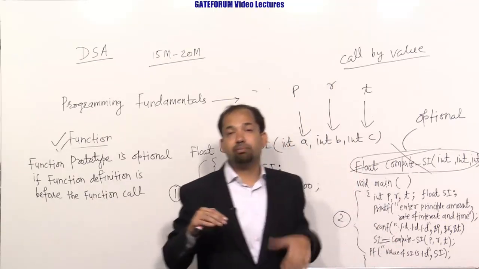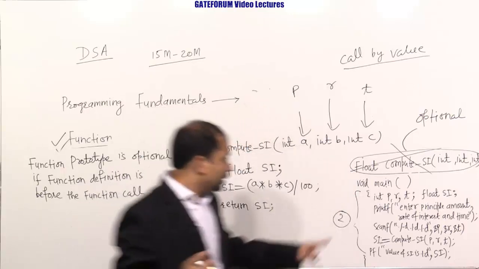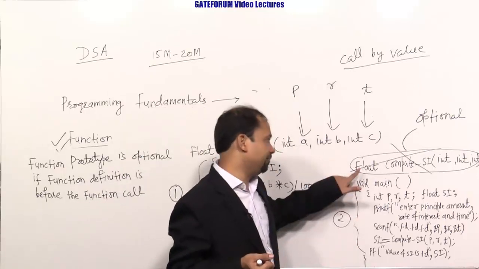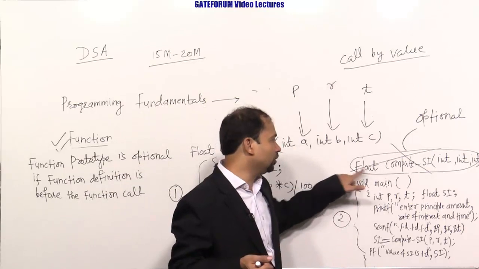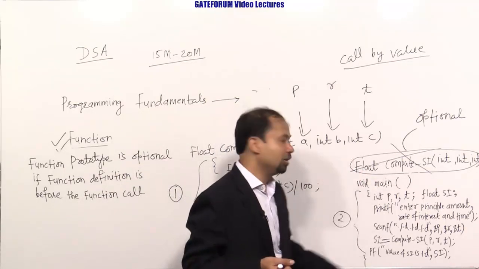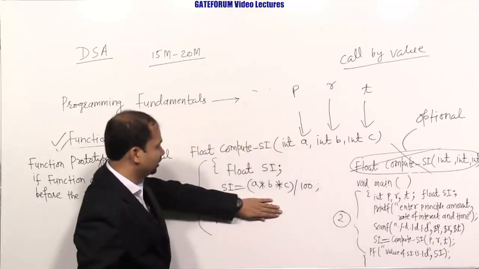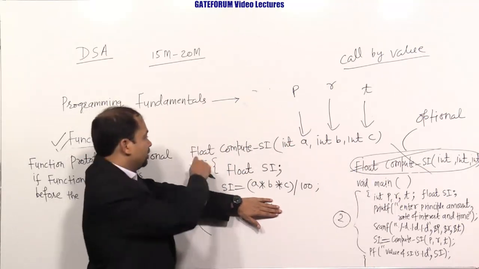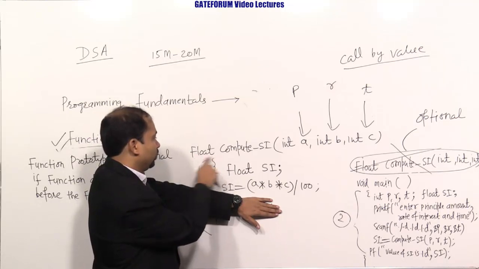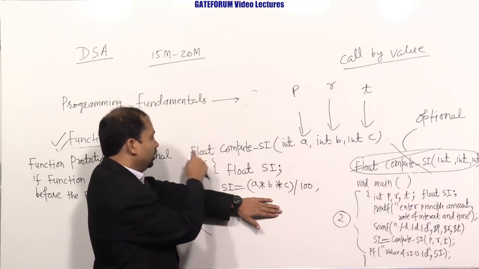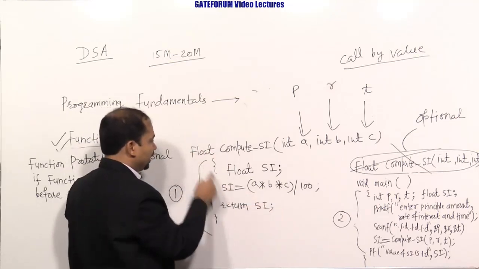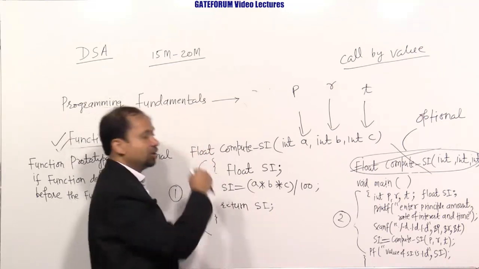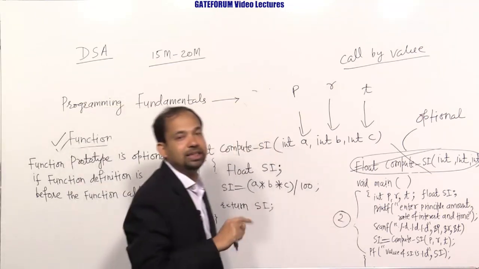So there will be a compilation error. You have to be careful that whatever you have declared in the prototype, the same signature should be followed. If you don't return anything, it will be a compilation error because we have float as the return type. So if we don't want to return anything, we have to write void.